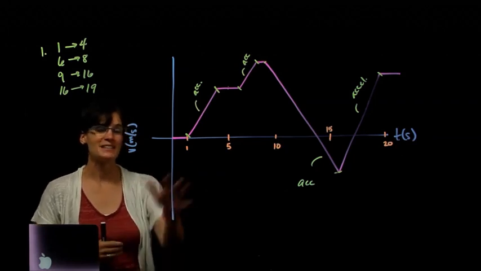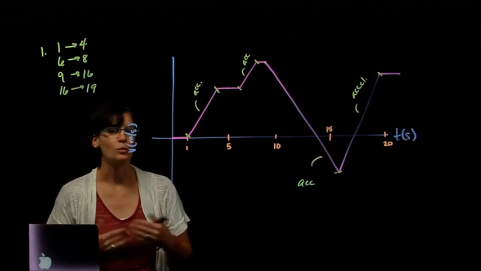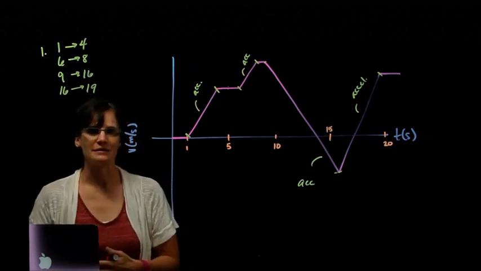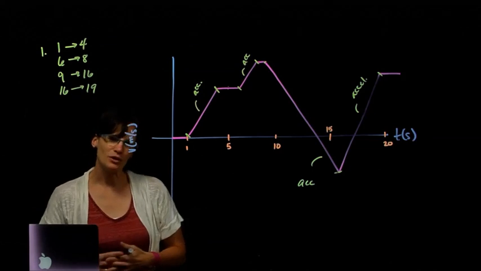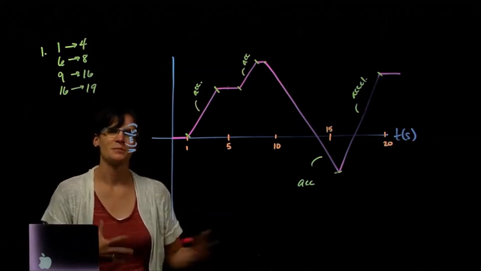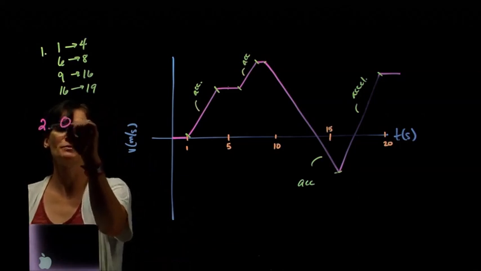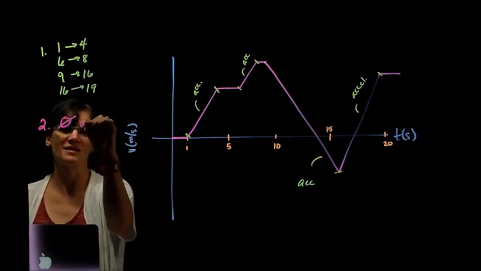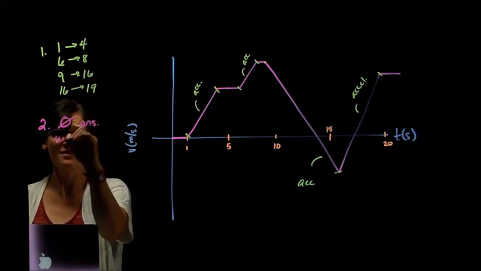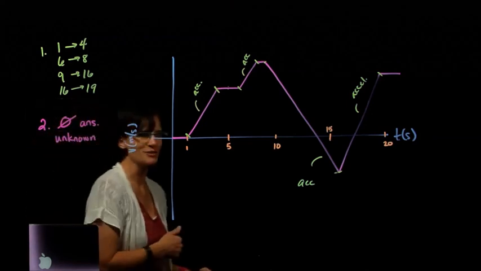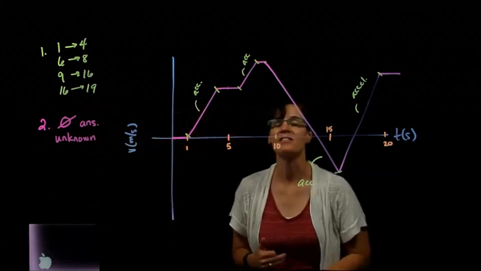There's certainly cases where the object is moving rightward, in the right direction, but right of the origin is telling me something about where the object is located, and I can't get it. So number 2, no answer. Unknown. I cannot determine whether the object is right of the origin.